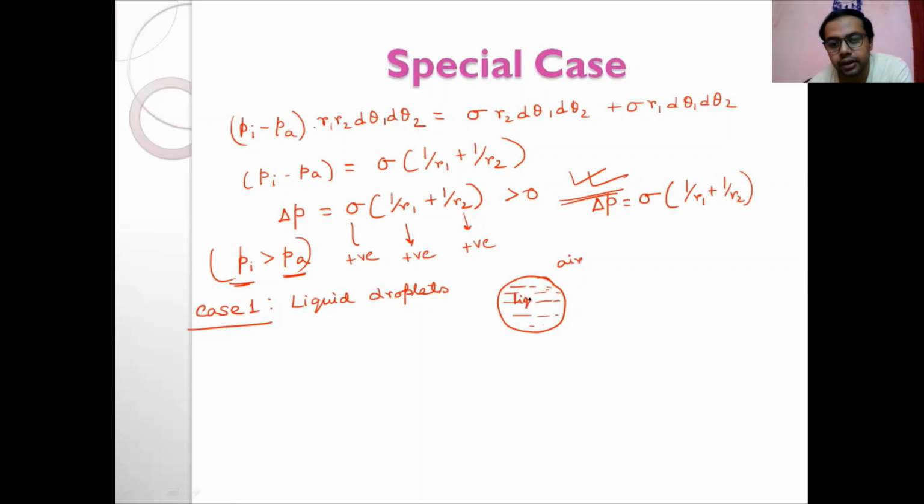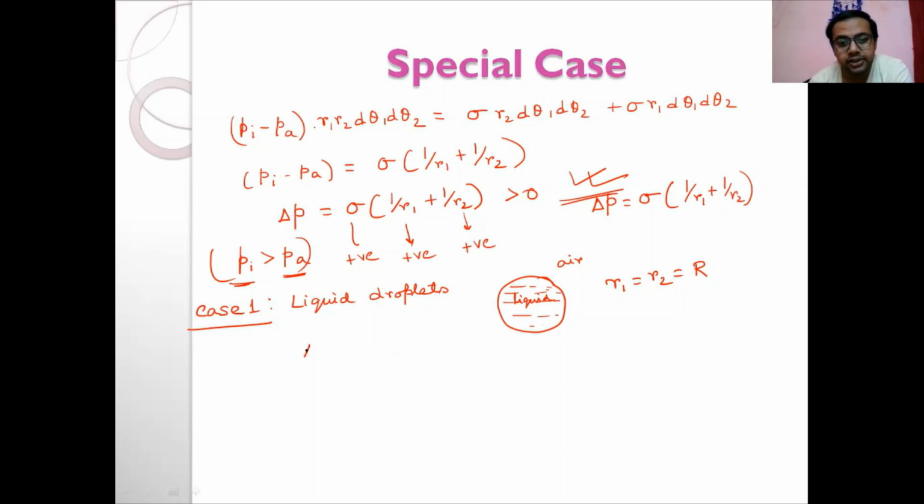Inside liquid, outside air. As it is a sphere, R1 equal to R2 equal to R, the radius of the sphere, because from any side you check, the radius of curvature is the same.